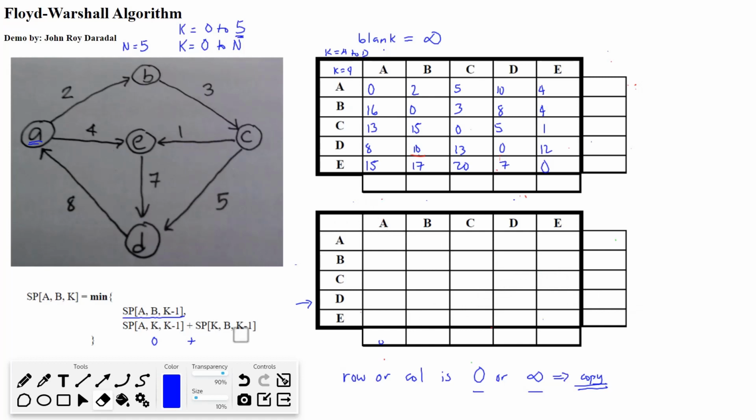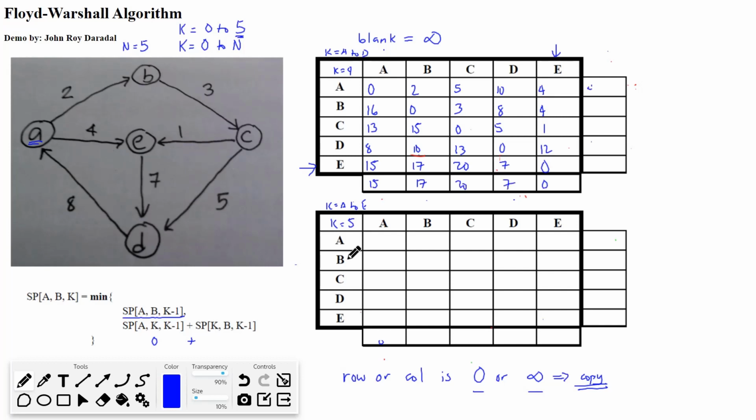So from A to E. Okay? So this is now for k is equal to 5. Yep. So this is from A to E. So since we're looking at k is equal to 5, we look at row E and column E. So this would be 15, 17, 20, 7, and 0.